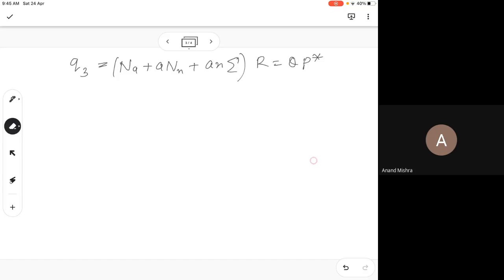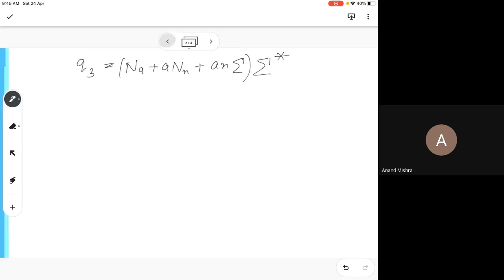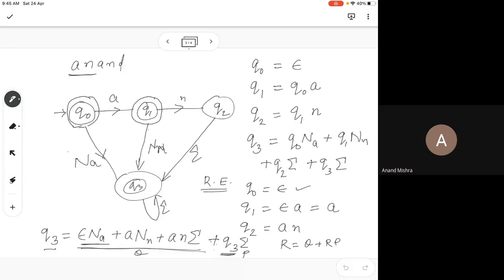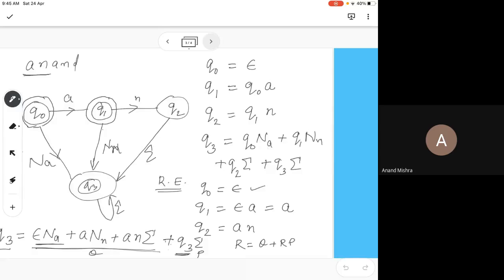Let's write it like this. This part is Q, and then P is this part star. All right, so this is Q3. So we have represented Q1, Q naught, and also Q3. So the union of all these will be the final regular expression.